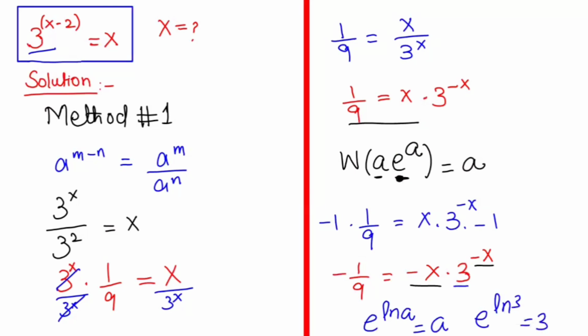So in replacement of this 3, I will write e to the power of ln of 3. Therefore, this equation turns to -1 over 9 is equal to negative x, and in replacement of 3, I will write e to the power of ln of 3, and whole to the power of negative x.